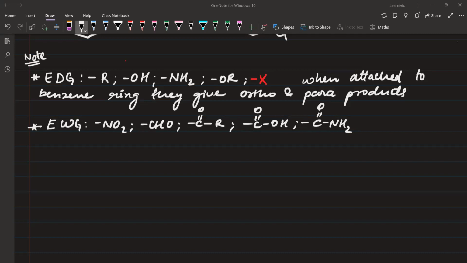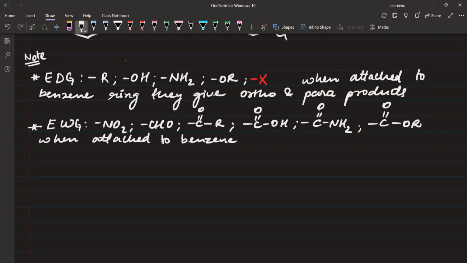Now it's fine, sir. CONH2, or if you have C double bond O attached with OR, okay. So when all of these groups are attached to benzene ring, they give meta products. Okay, they give meta products.